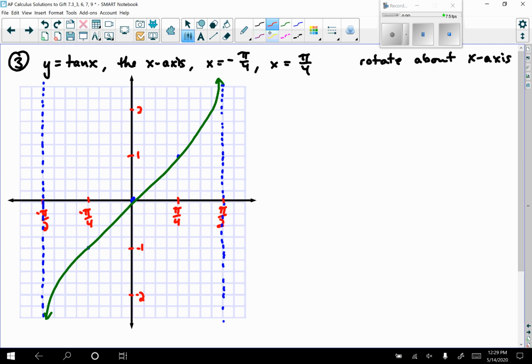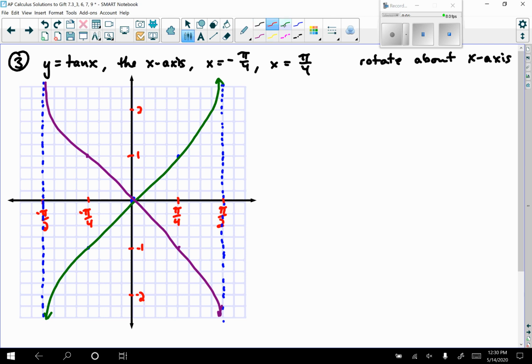So what we're looking at is this section from negative pi over 4 to pi over 4. If we revolve this about the x-axis, then we get a section that's also drawn like this. We could also just reflect the points here and here. So then we get a section that's also drawn like this.